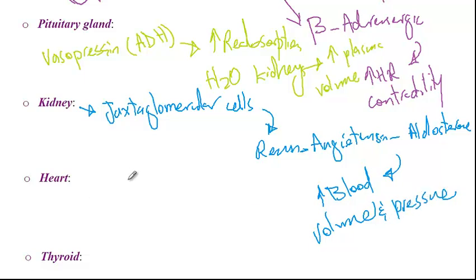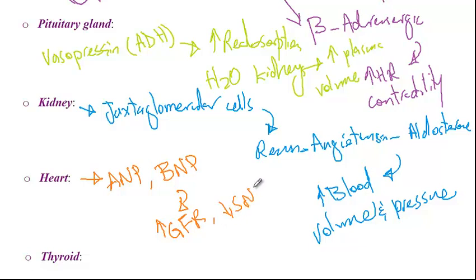Next we have the heart, which releases the atrial natriuretic peptide by the atria and brain natriuretic peptide by the ventricles, and these are being released in response to the excessive stretching of the cardiac wall. So once there is high volume of blood, these will be released, as a consequence of which they would increase the glomerular filtration rate and decrease the SNS activation.